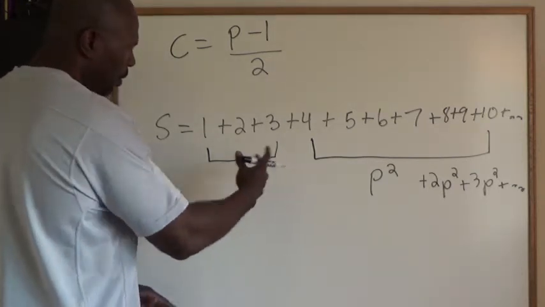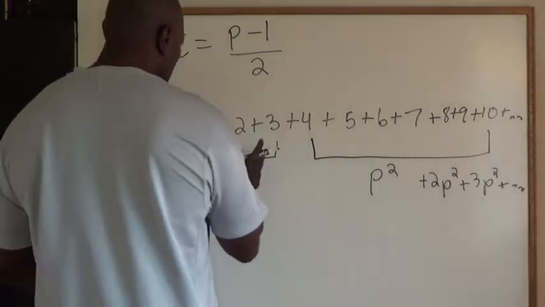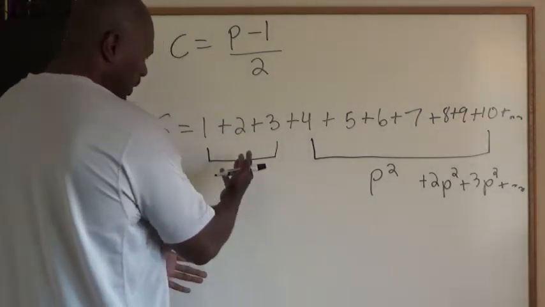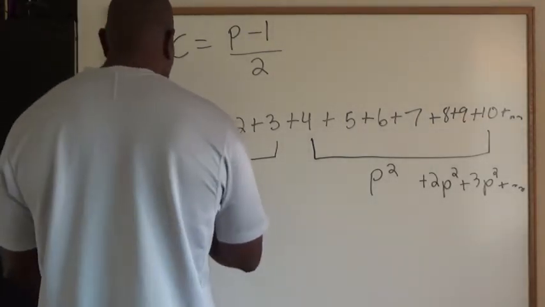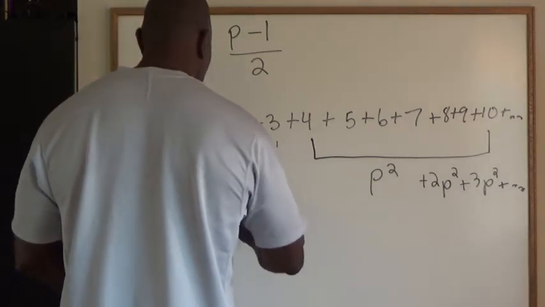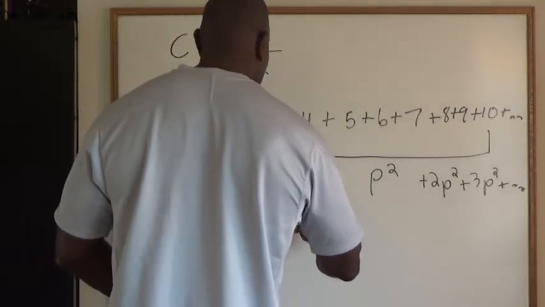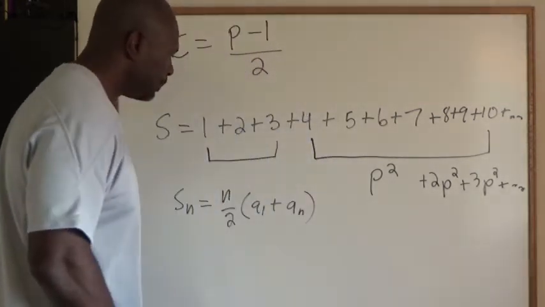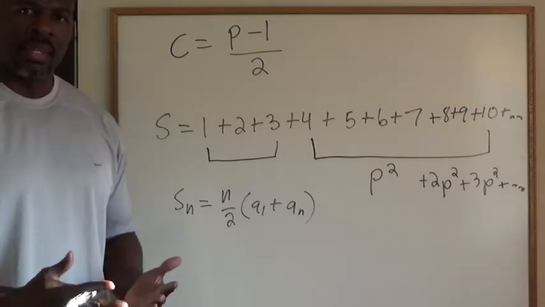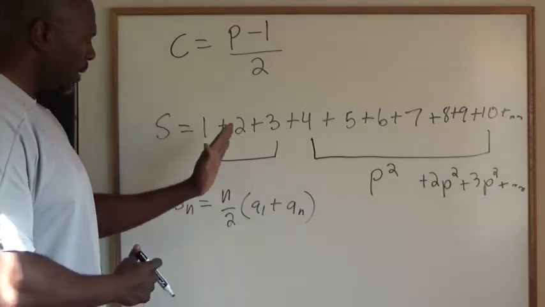Now, this is a partial sum of an arithmetic sequence. Here, you can just add them up, but in general, it's the same formula we looked at in video number 1. So it's n/2 times a1 plus an. Now, our cutoff numbers are always going to start at 1.